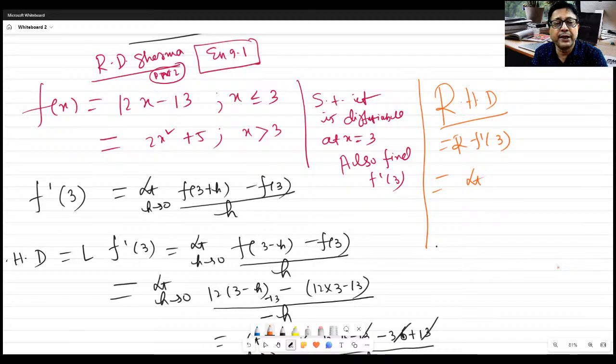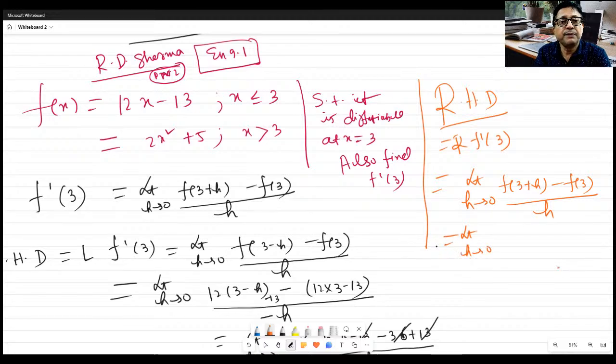Rf dash 3 will be limit, just don't change the sign here, you will keep the same manner. f of 3 plus h minus f3 by h. f of 3 plus h is this part. f3 will be that part only, 12 into 3 minus 13.